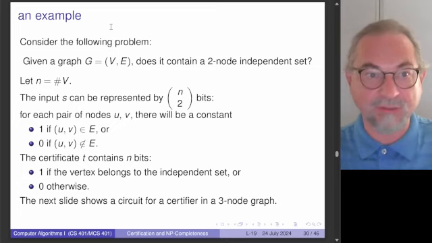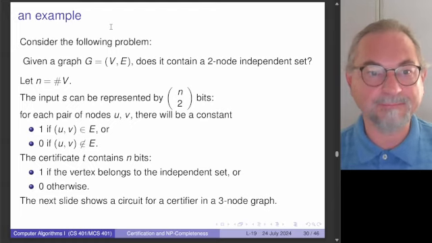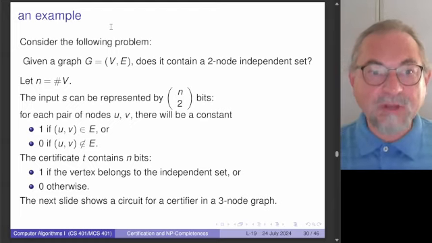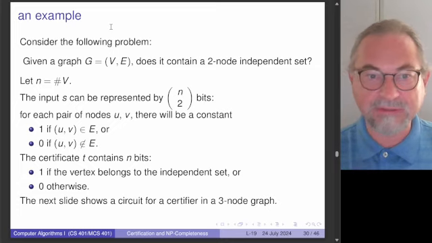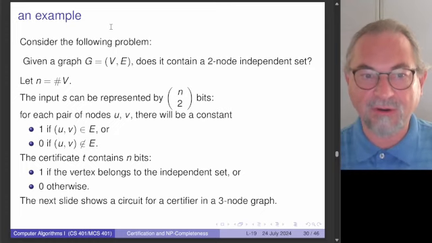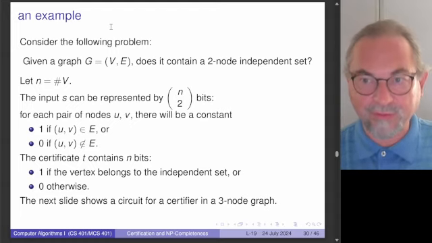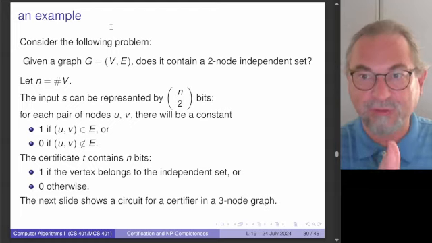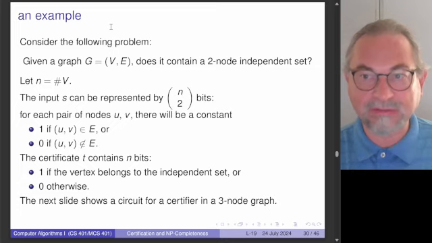But again, you can store this edge representation in quadratic space and time. Then a certificate will actually give you a selection of the vertex set: some sequence of n bits, where there is a 1 at position 3 if you select vertex 3. Otherwise there will be a 0.